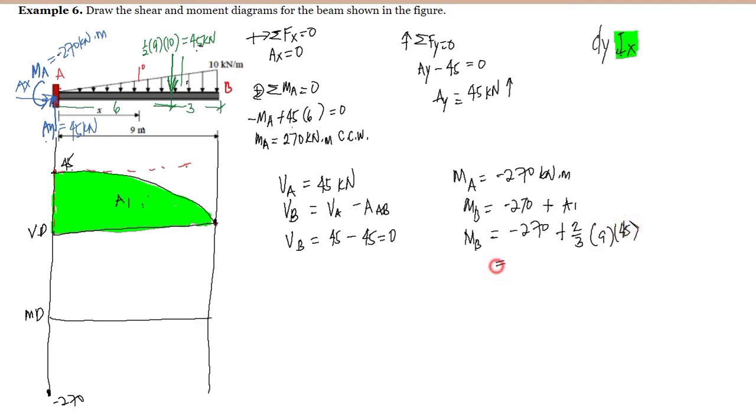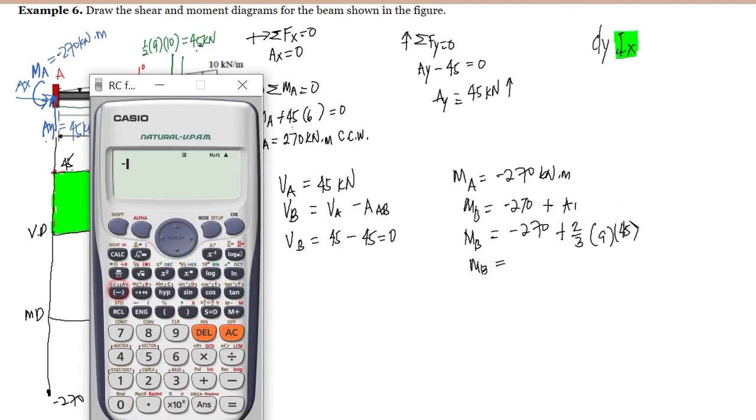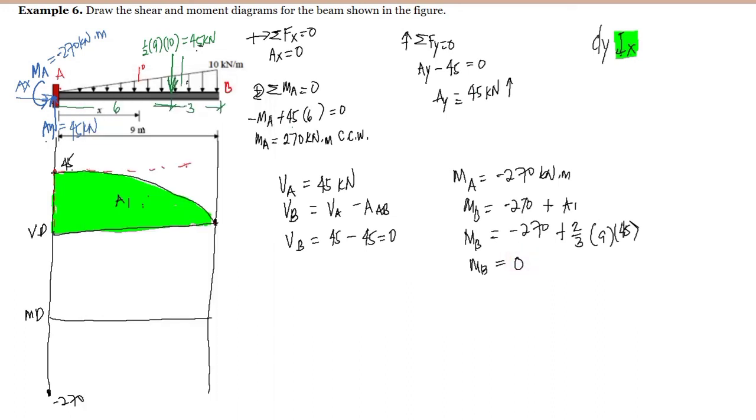So we have here moment at B is equal to negative 270 plus 2/3 multiplied by 9 and 45. And we have here 0. So the moment at B is equal to 0. So meaning our moment diagram has closed.